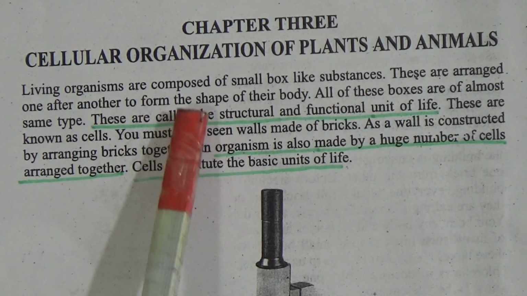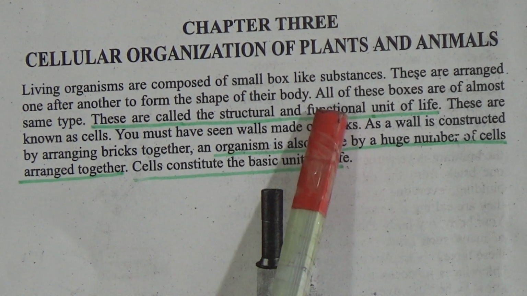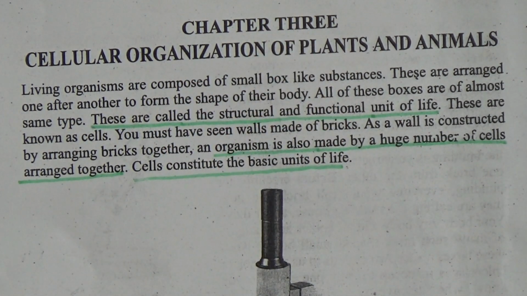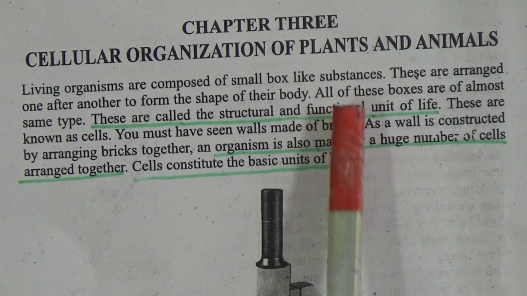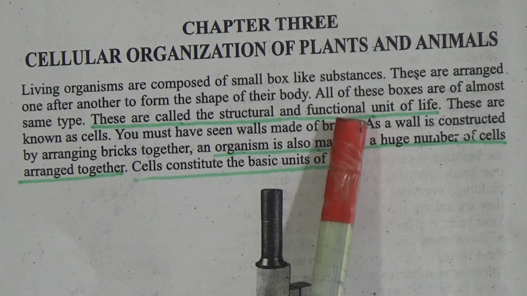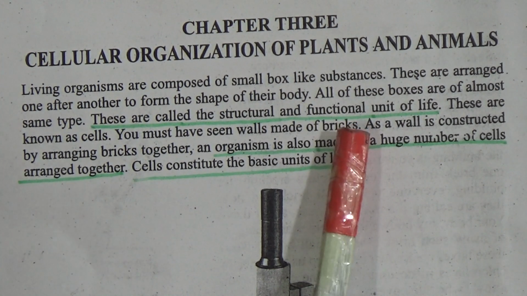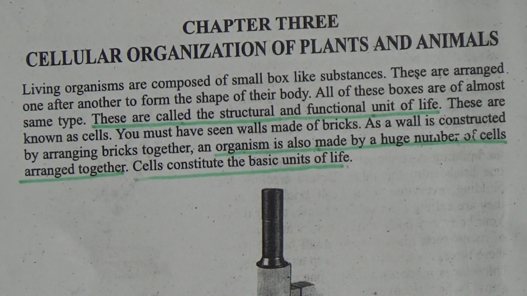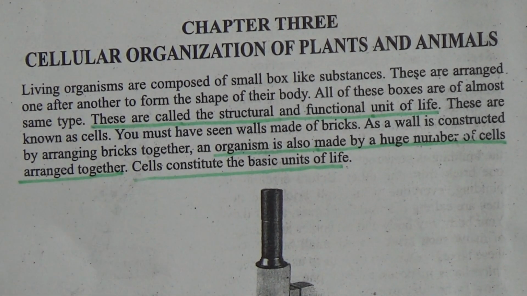What is the meaning of structural and functional? Structural means your body shape, and functional means active. Which one is active? The unit of life, and it is known as cell. Cell is called the functional and structural unit of life.